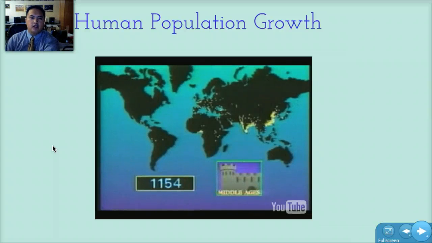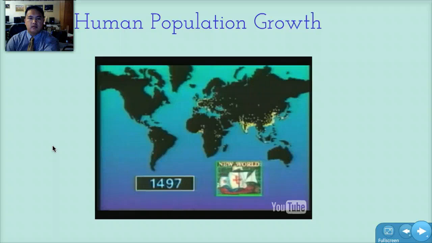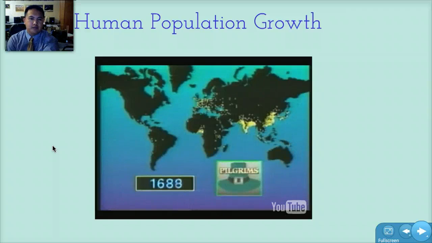The Middle Ages now, 1100s. Starting to see some growth in Europe and China and India.